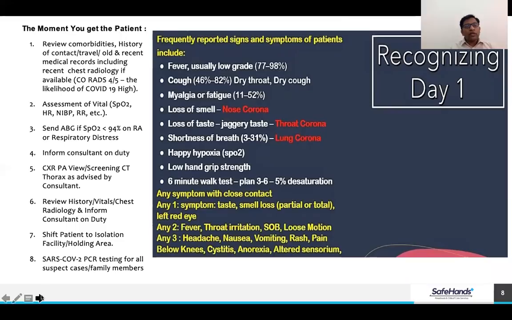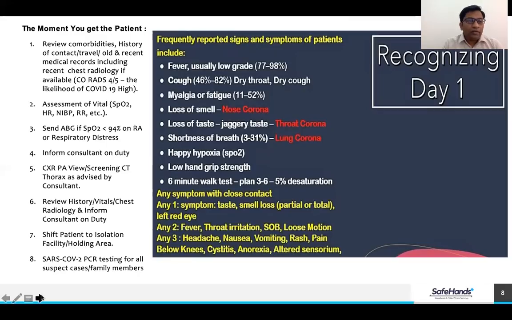The moment you get the patient, reviewing comorbidities is very, very important, because many times we will be focusing on COVID-19, but the patient will be having multiple comorbidities, like diabetes, coming in DKA, hypertension, ischemic heart disease, patients on immunosuppressants, cancer and chemotherapy patients, post-transplant patients. All these things should be kept in mind.